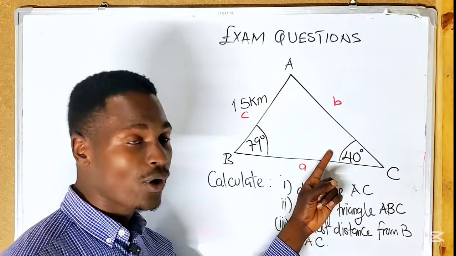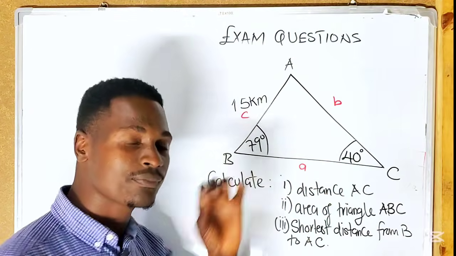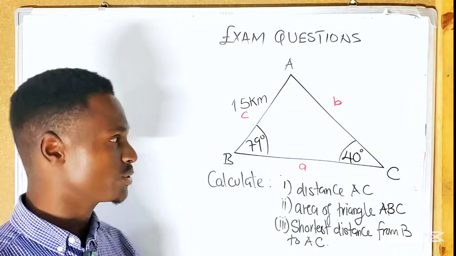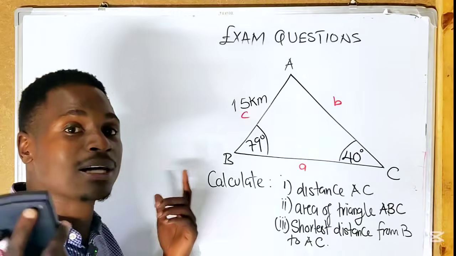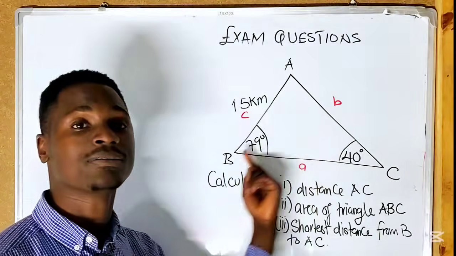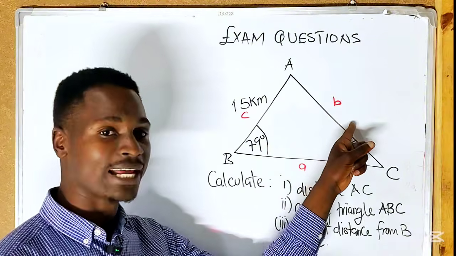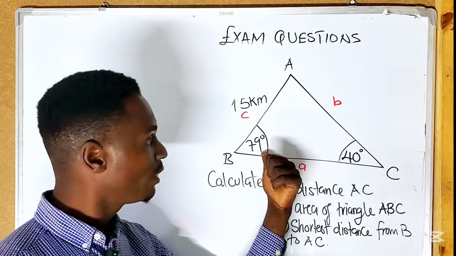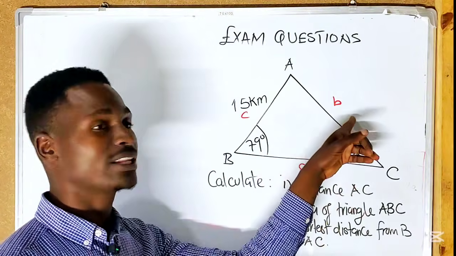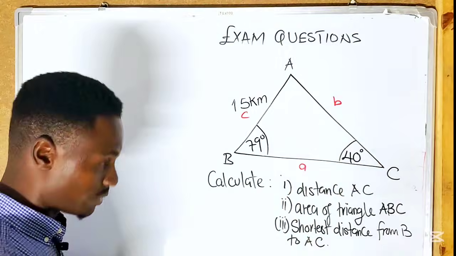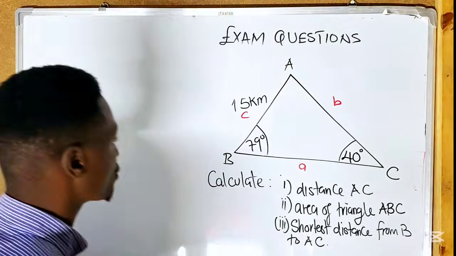Very good. And automatically, the other ratio is the one where we are asked to find either the angle or the side. Sometimes you may be asked to find the angle. And now in this question, we're asked to find the side. So with that in mind, let's solve.